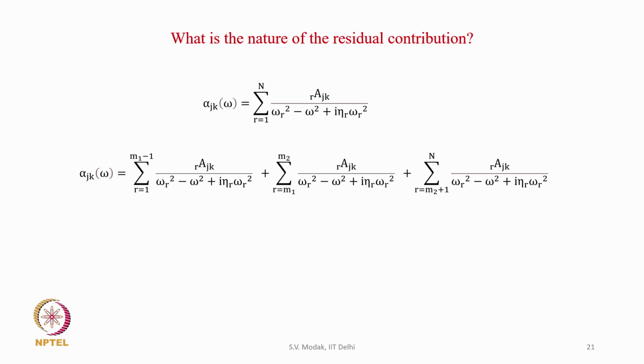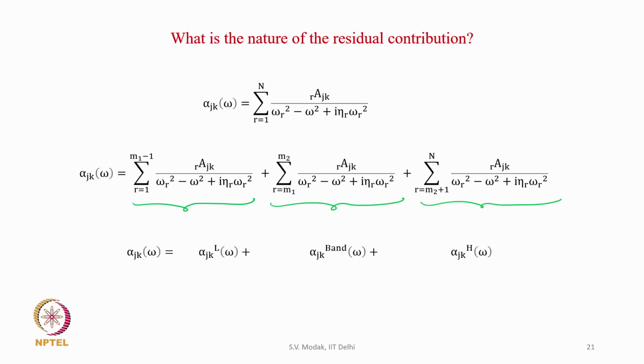Then we can represent the FRF as a sum of three terms. The first term is the contribution of modes 1 to m1 minus 1. The second term shows the contribution of modes from m1 to m2, and the third term shows the contribution of the modes from m2 plus 1 to n.